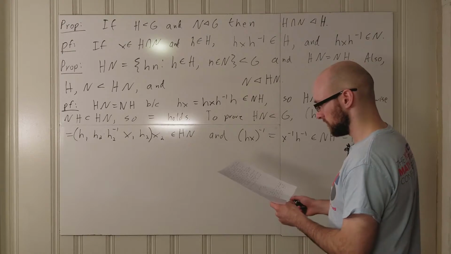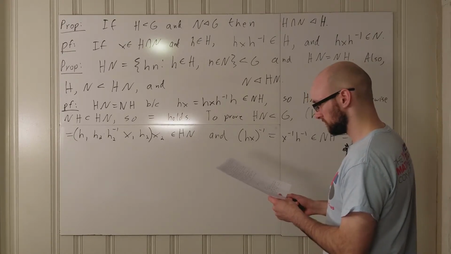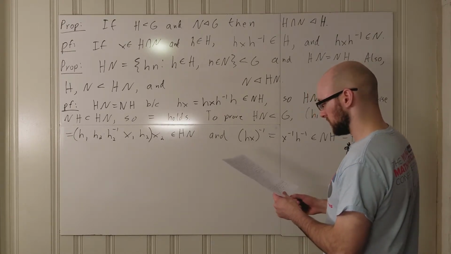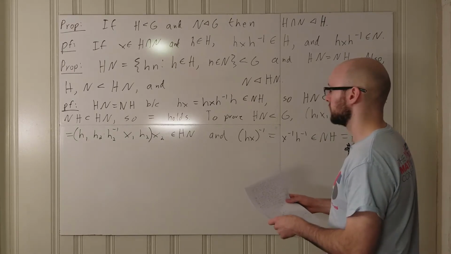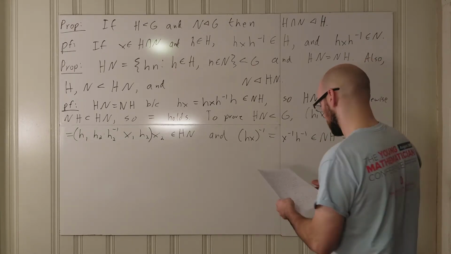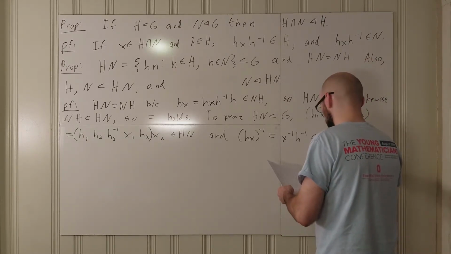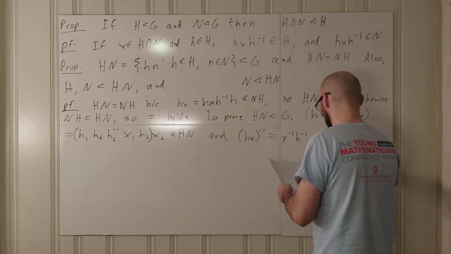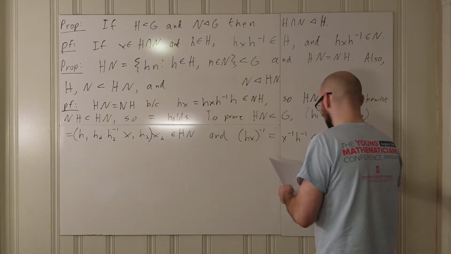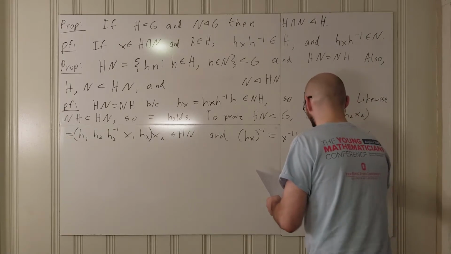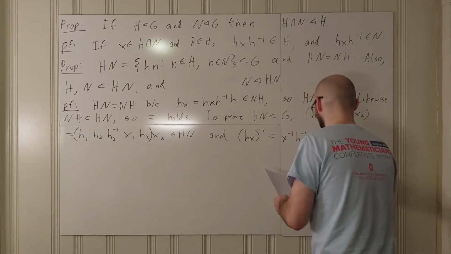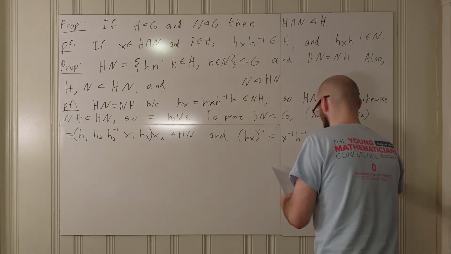Okay, so let's see here. I'm going to draw a picture now. And so here's what we have. We have a group G, and then we have HN, which is NH.